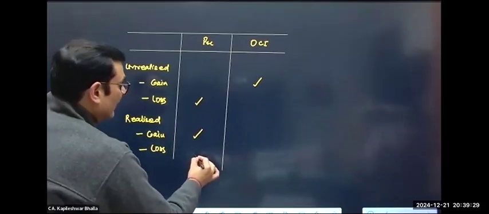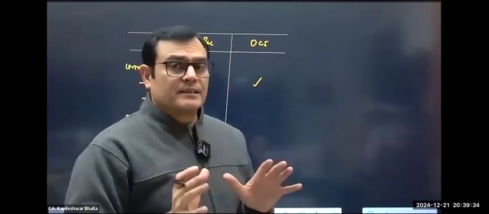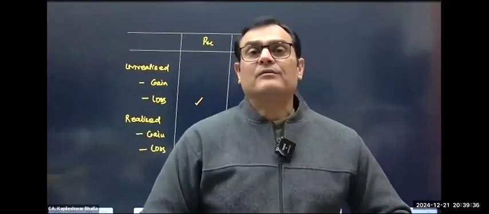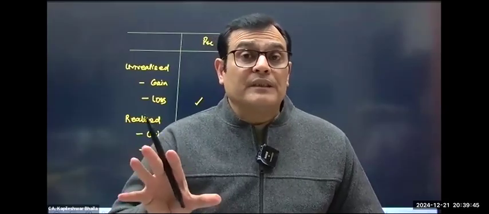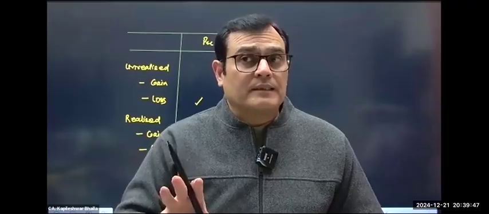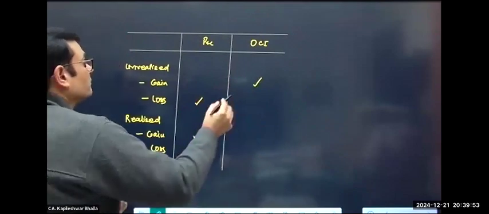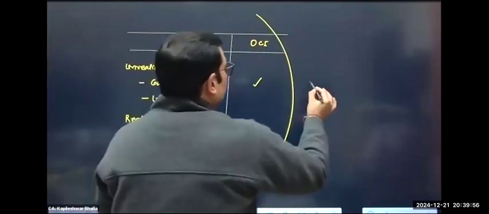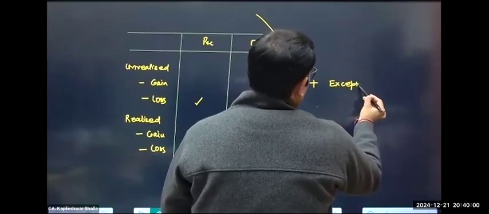So I think I have reached a consensus that the standard setters have one basic thumb rule at the back of the mind: OCI is a creation where the company parks its unrealized gains, because I will allow them to increase profits on account of unrealized gain, but at the same time I don't want them to increase the earning per share. But let me tell you that this entire chart has a lot of exceptions which we will discuss as we come to the standards.